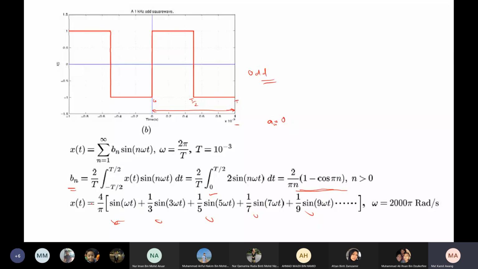Because for even n, sine is equal to 0. That's why you have 1, 3, 5, 7, 9, 11, 13, 19, 21, and so on. Okay.